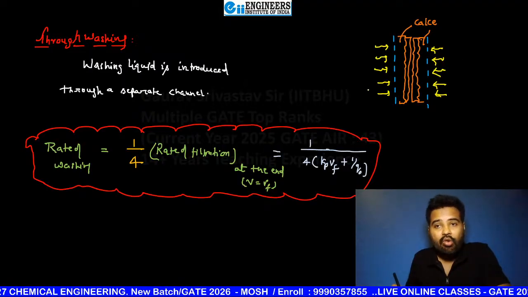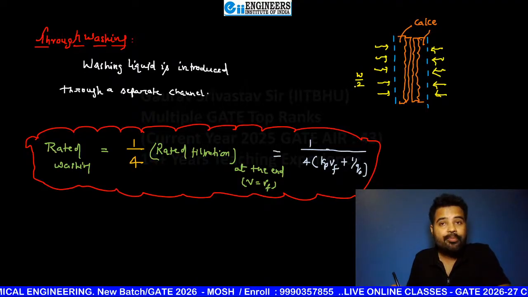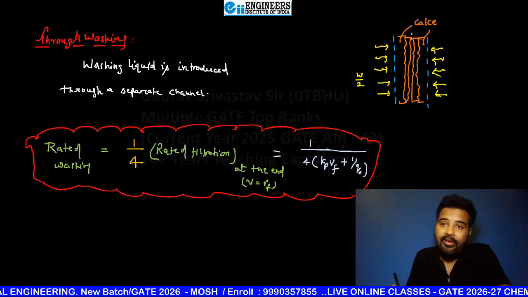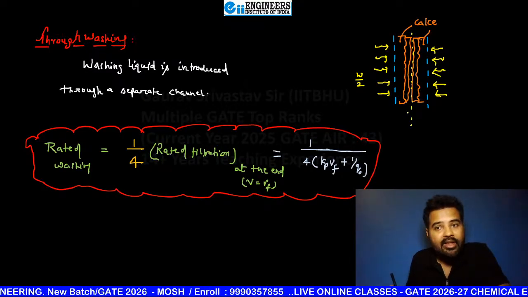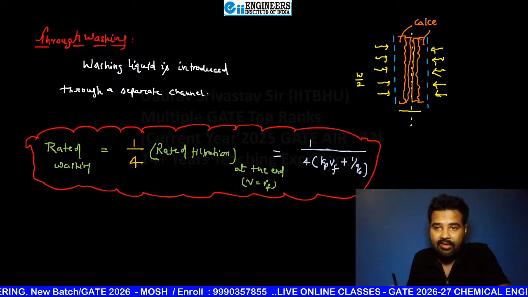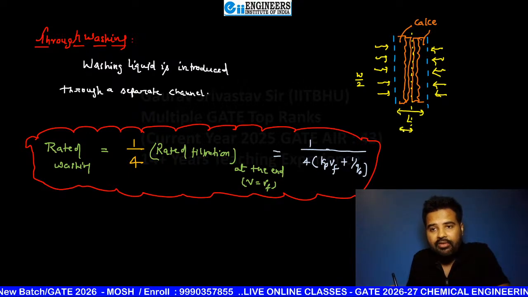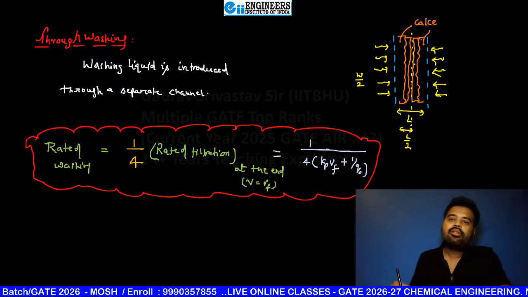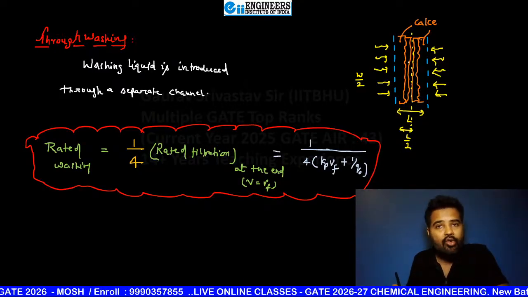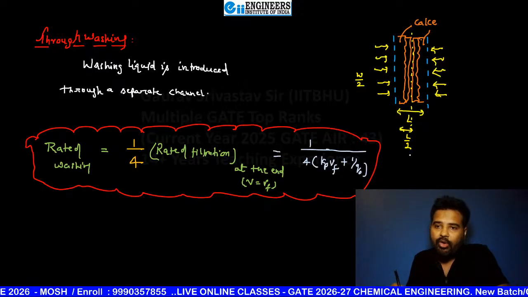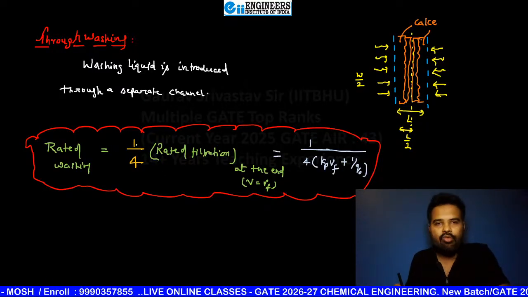That means from one side wash water you are going to give by 2, and it is going to affect only half of the cake. If cake thickness is L, then it is just going to touch L by 2 part only. So because of this 1 by 2 factor, one more factor will come, that is 1 by 4.